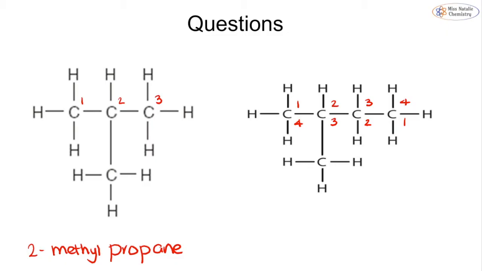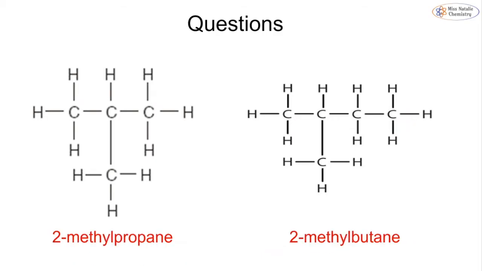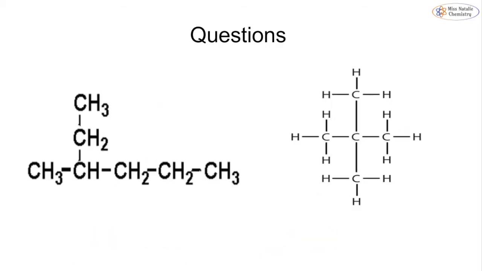So we know that we want the lowest number, so we're going to use the top set of numbers. So I have butane, which is my chain. I have a methyl group, and it is on carbon number 2. So this is 2-methyl butane. And there's our answers.